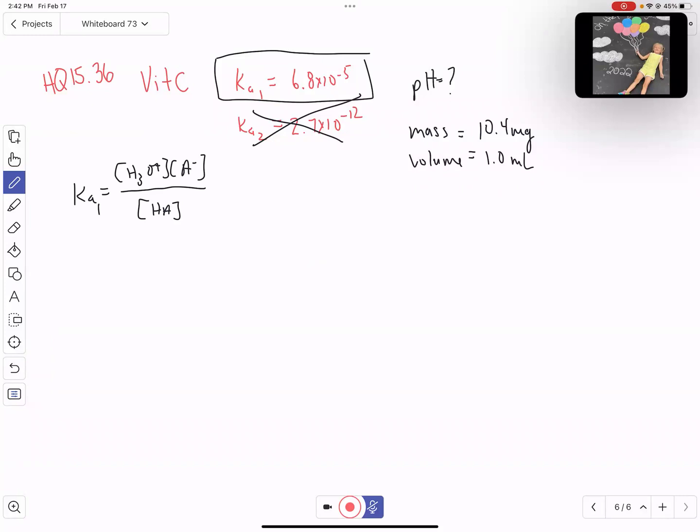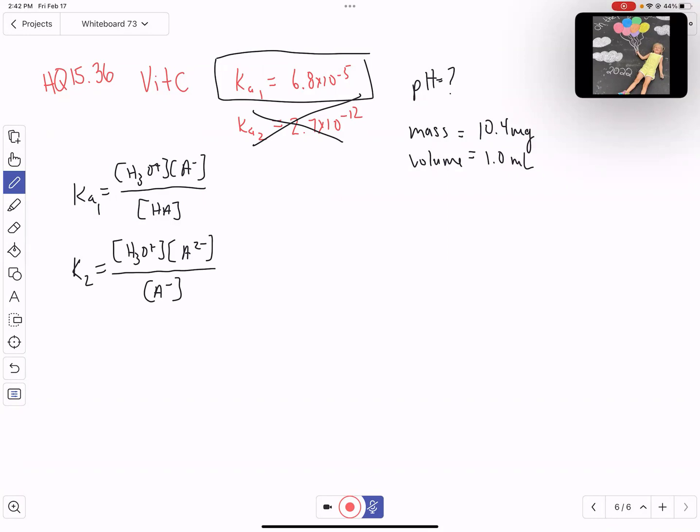That's going to be a really small number. It'll be very similar for Ka2. We're going to use hydronium again. Now we've got A2 minus because we've lost 2 protons, all over A minus. This number came from up here. It's going to be really small. So we've got x squared equals that small number.